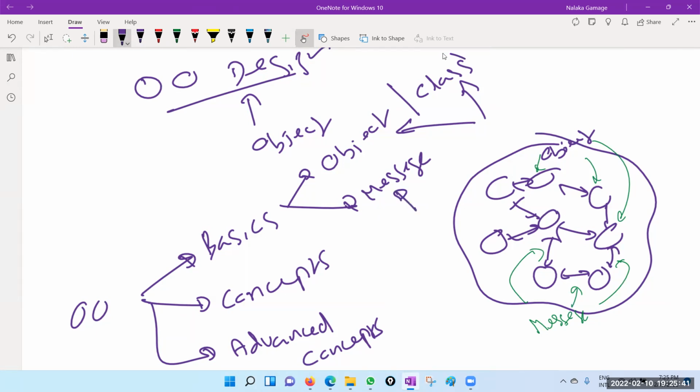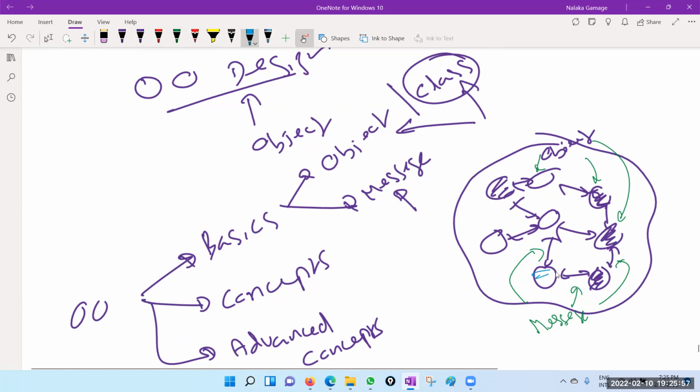So then what is a class? Now we have so many objects, so many payment objects. If you take a bank, thousands and thousands of account objects, thousands of customers. There are different types of objects: customer object, payment object, loan object, so many.